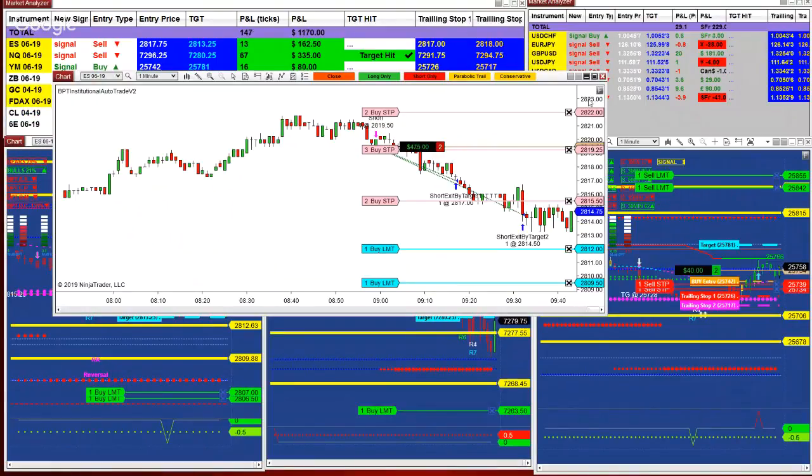If you click on the conservative and there is not a strong trend, it is not going to take the trade. And if the market is trending strongly, then it can take a trend.